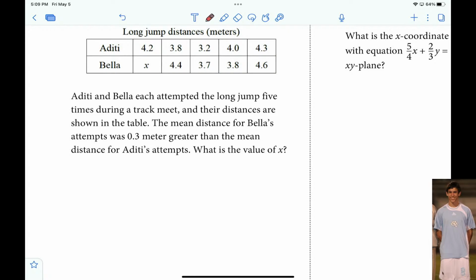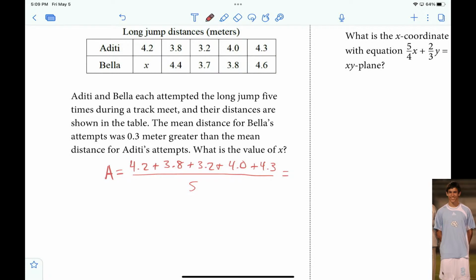So to do mean, Aditi's mean is going to be 4.2 plus 3.8 plus 3.2 plus 4.0 plus 4.3 all over 5. And I believe, if my math is correct, that this gives us 3.9.